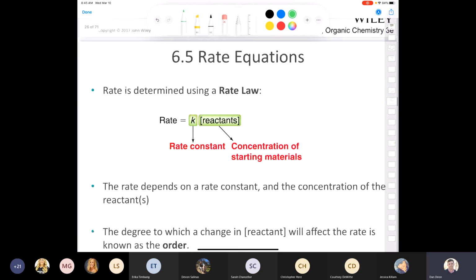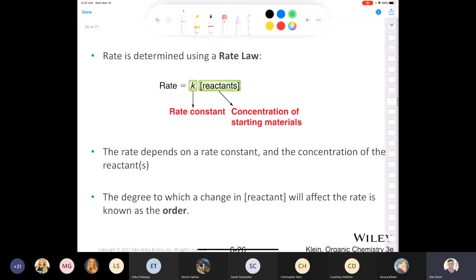All right. Well, if we think about a rate law, and this is just a simple rate law here, we have rate is equal to k times the concentration of our reactants. It's to the power of 1 here, and so this is a first order reaction, at least what it looks like. Again, as the concentration of the reactants increases, the rate is going to increase. All right, but the degree to which the change in the concentration of the reactant is going to affect the rate is known as reaction order.